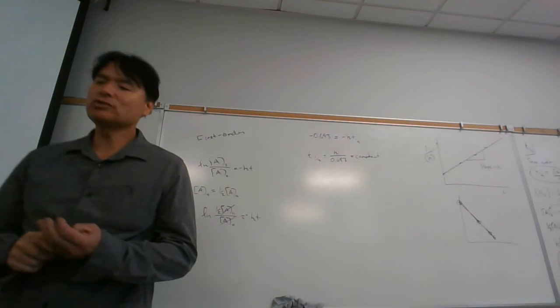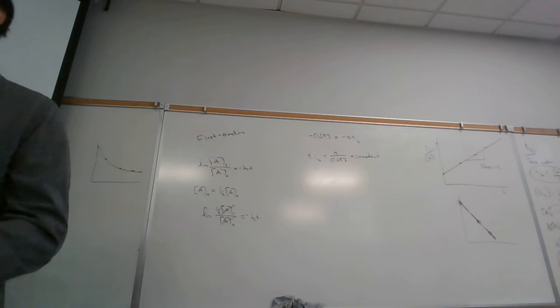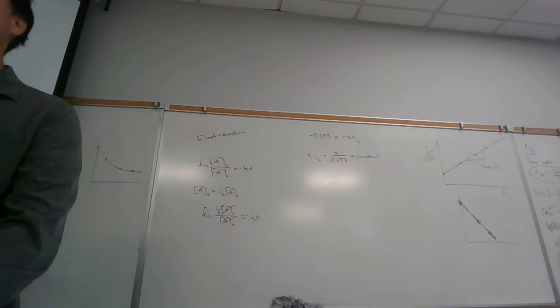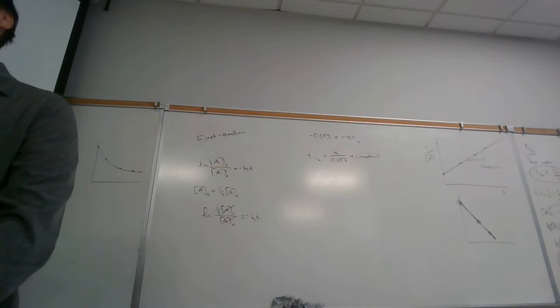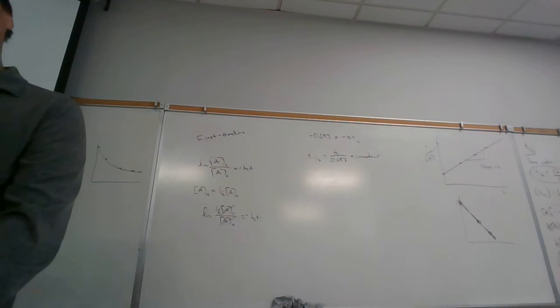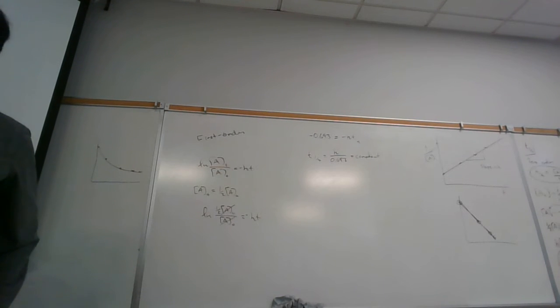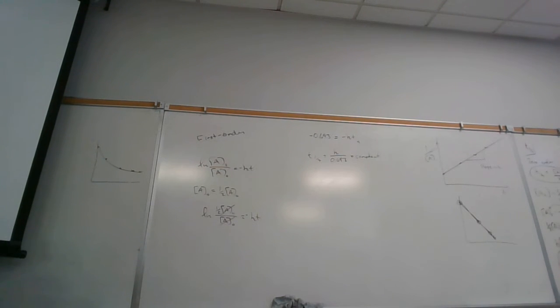And so for first order reactions, oftentimes people use half-life instead of k. You know, how fast is that reaction? Rather than giving you a k value, where the big k means it's fast and the small k means it's slow, people tend to think in terms of half-lives for first order reactions.